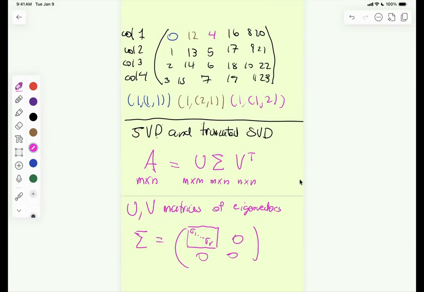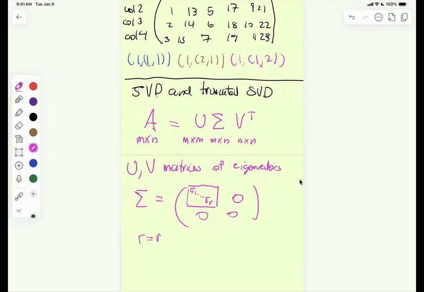So r here is the rank of A. And sigma 1 is greater or equal to sigma 2, greater or equal to sigma 3, and so on, down to sigma r. I'm just referring to the strictly positive singular values. That would be the decomposition.